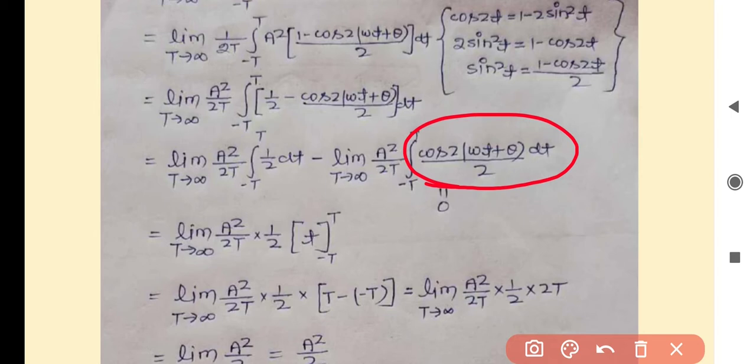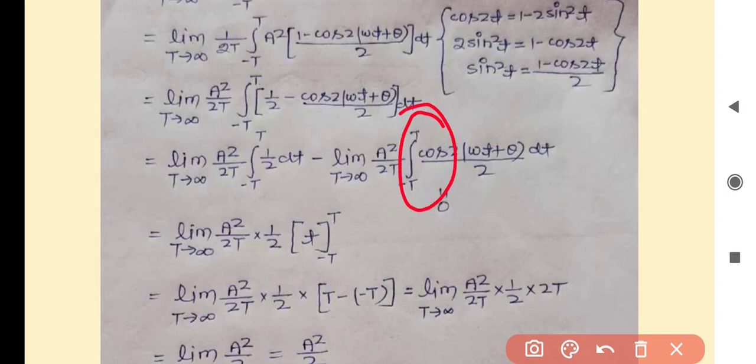If the cycle is not complete, that is, t is not an integer, then this will give some finite value, and if we divide this value by 2t, where t tends to infinity, it will always become 0. So in both cases, this term will become 0.